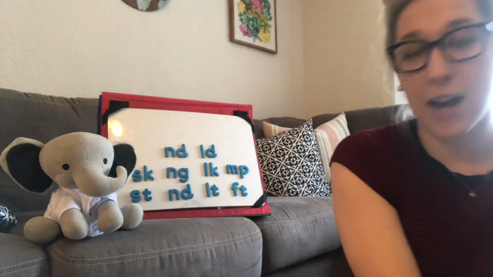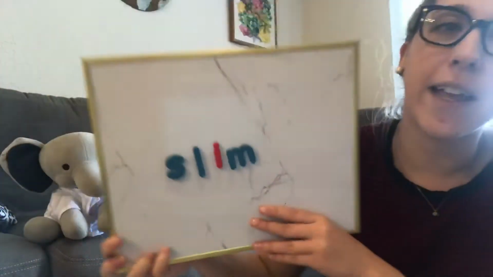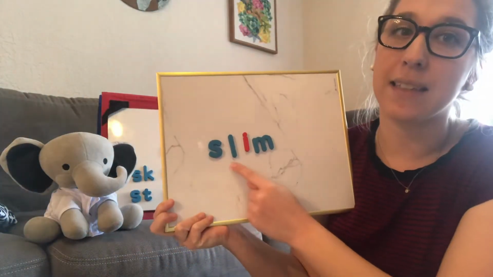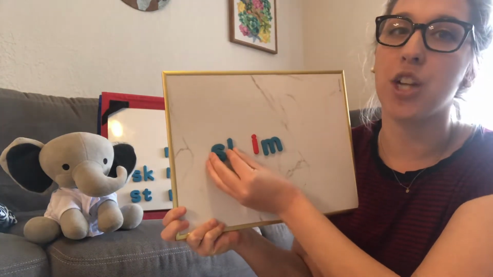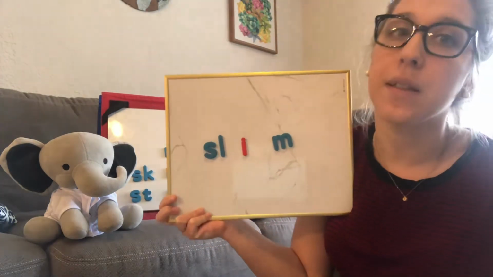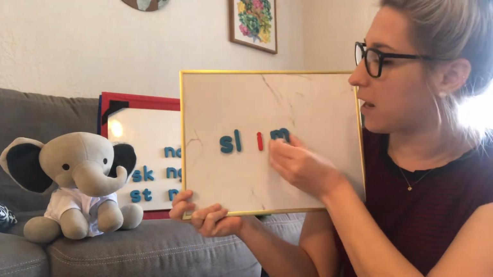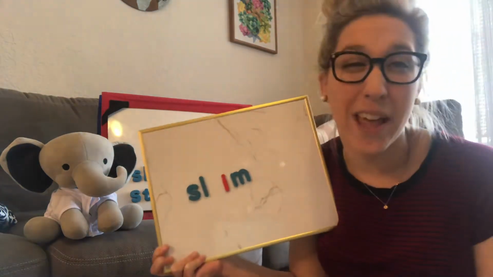Sorry, Miss Corey's just grabbing the letters. Okay, slim. We see right here that the blend happens at the beginning. We can chunk it like this, or we could even do it this way, whichever way you'd like.